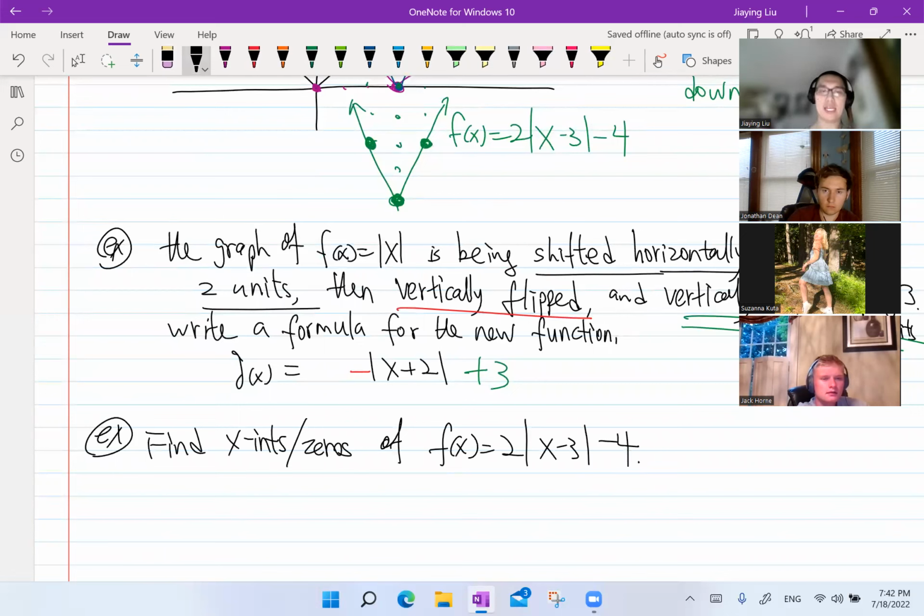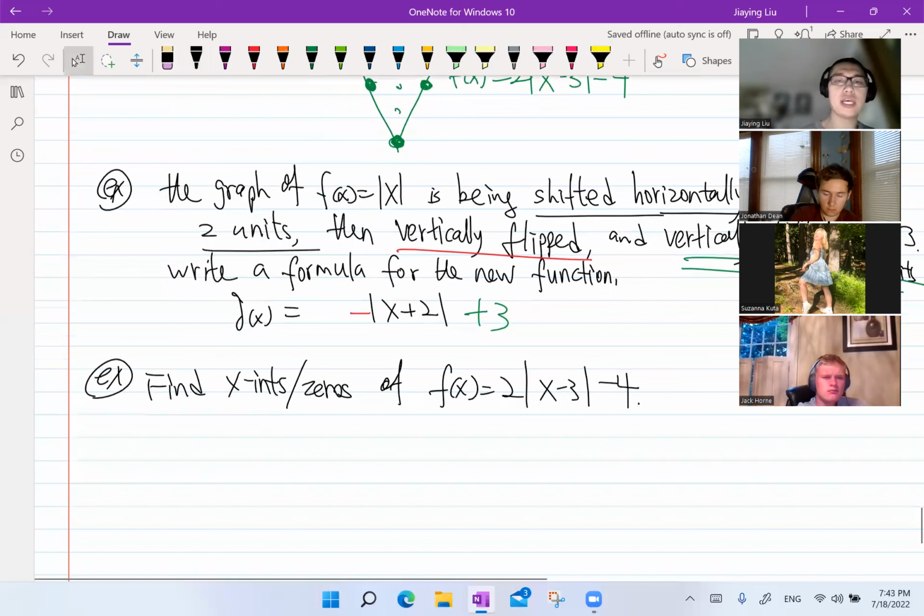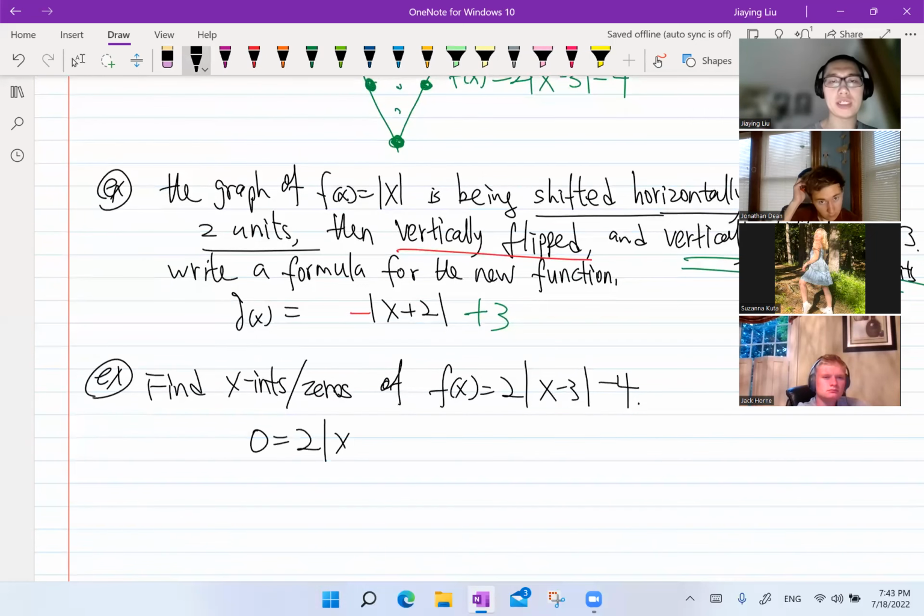So how do we find x-intercepts of an absolute value function? Well, it doesn't matter what function it is. If it's the x-intercepts or zeros we're looking for, that means the y has to equal 0. So we're going to set f of x equals 0. So we get 0 equals 2 absolute value x minus 3 minus 4. So that's a starting point.